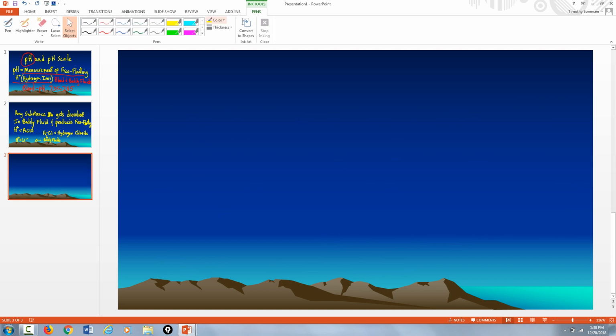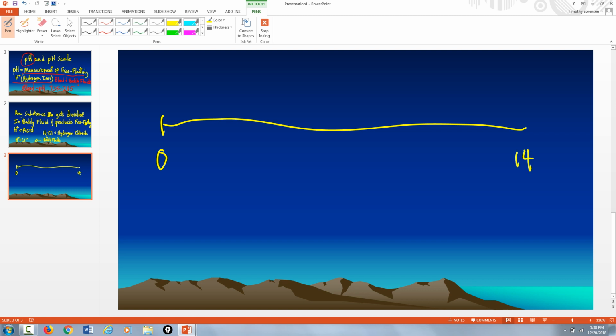Now, one of the things you have to understand too is looking at the pH scale. It should be straight. I'm left-handed. The pH is measured on a scale of 0 to 14, where 7 is neutral. This is what I want you to understand.